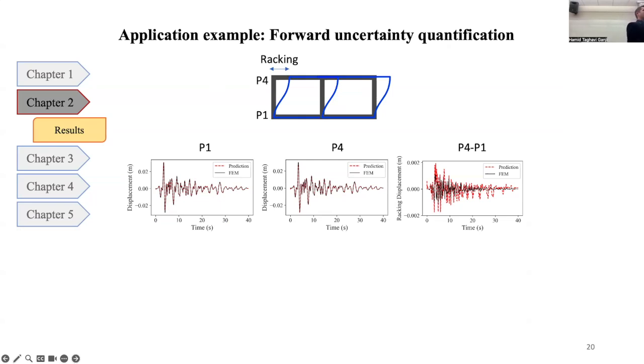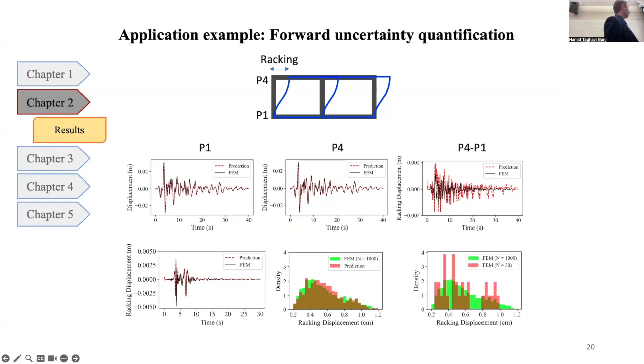To our surprise, we noticed that although our model is good in predicting the corner displacements, when we subtract them from each other, the racking displacement is very bad. So at that time, we suggested that we should change our quantity of interest and predict the racking displacement directly as the output of the surrogate model. And we noticed that in that case, we can predict the responses very well.